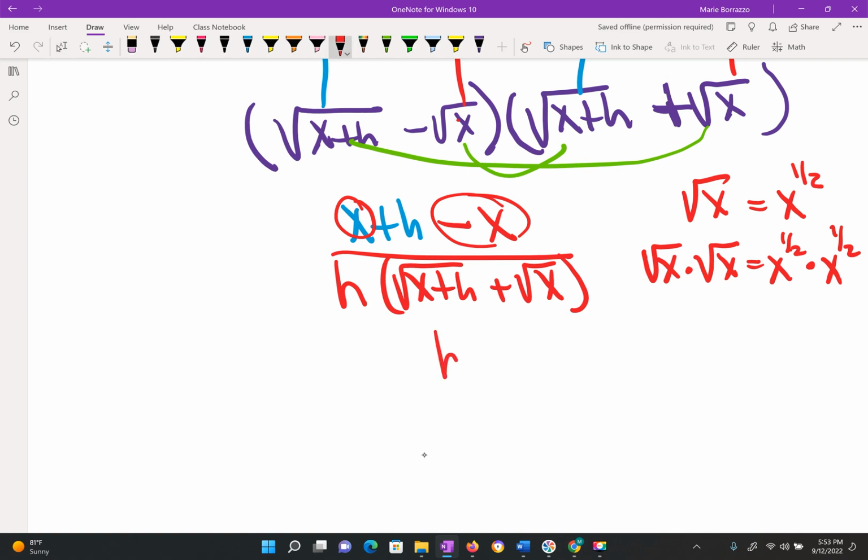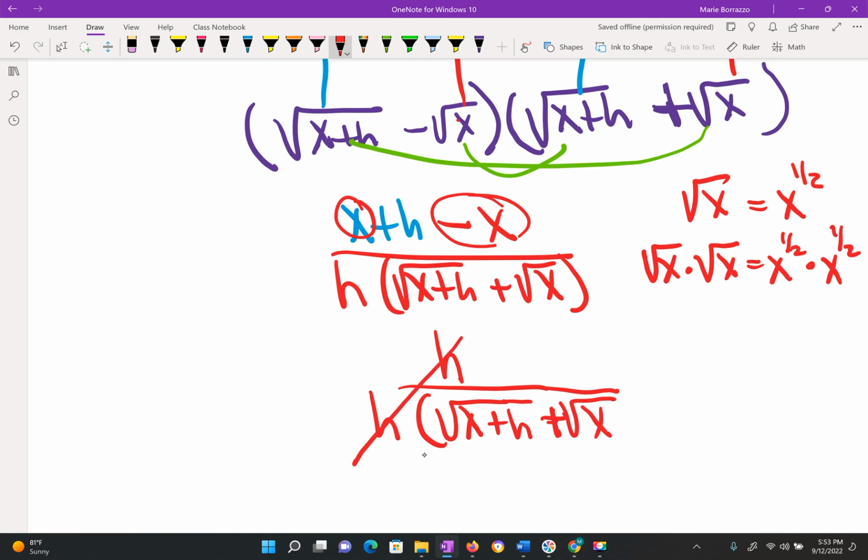Right now, we are down to h over h times the parentheses, the square root of x plus h plus the square root of x as well. So these two are going to cancel, and you're left with always at least 1. So you're left with 1 over the square root of x plus h plus the square root of x.